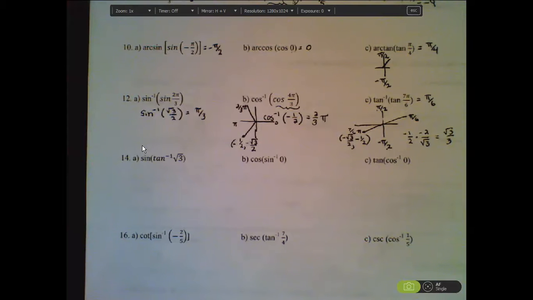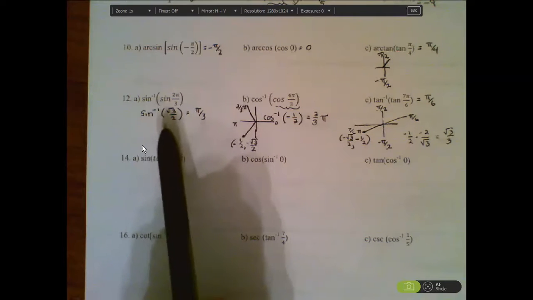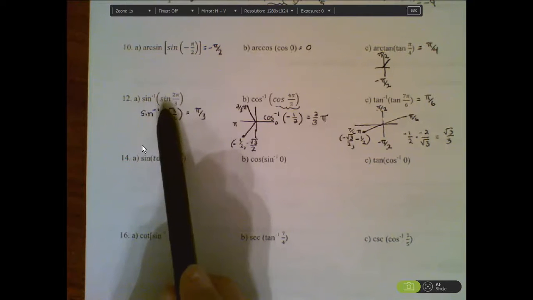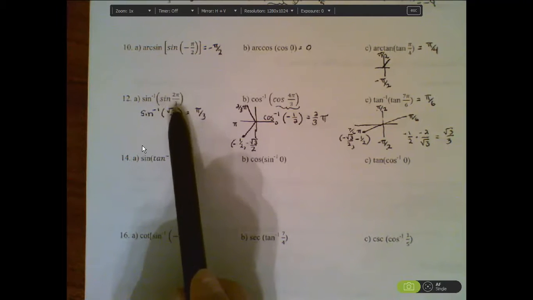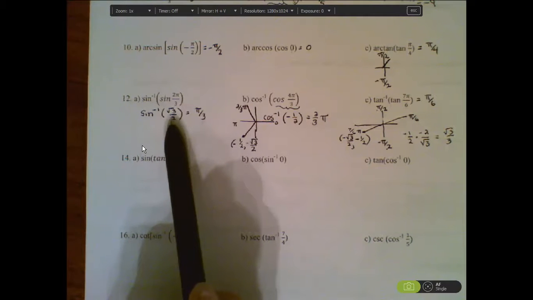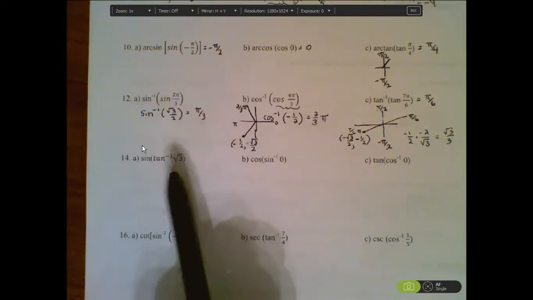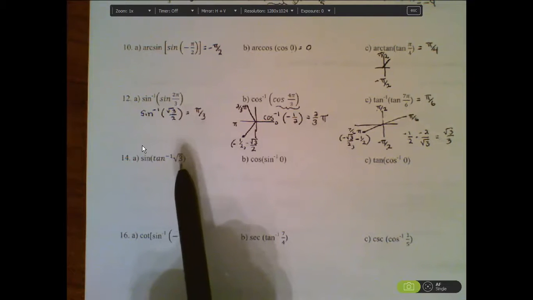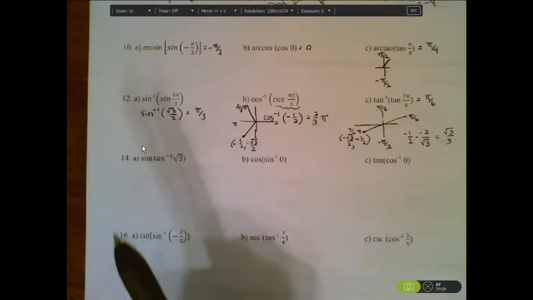Well, I can tell you that it is similar to what we did in number 12, part A. Even though I knew 2 pi over 3 could not be the answer, I could find sine of 2 pi over 3 and then find an angle whose sine was that same value. On number 14, I can find the angle whose tangent is square root of 3, and whatever that angle is, I can take the sine of that angle.